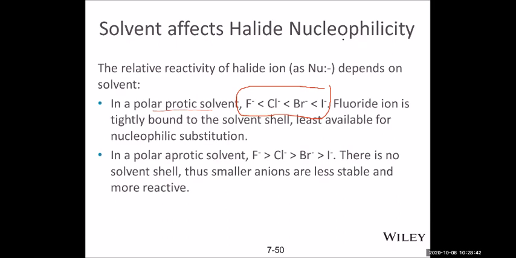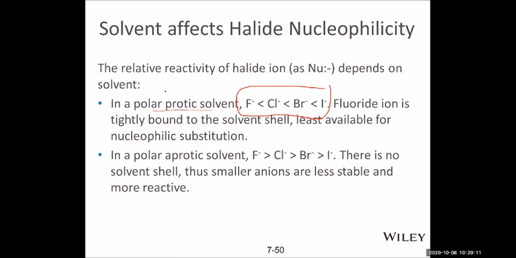When you have halide and nucleophile, the solvent can even affect the relative reactivity. People found this out from the kinetics research of those substitution reactions. In the protic solvent, like water or alcohol, the reactivity is highest for iodide. Fluoride is weakest.